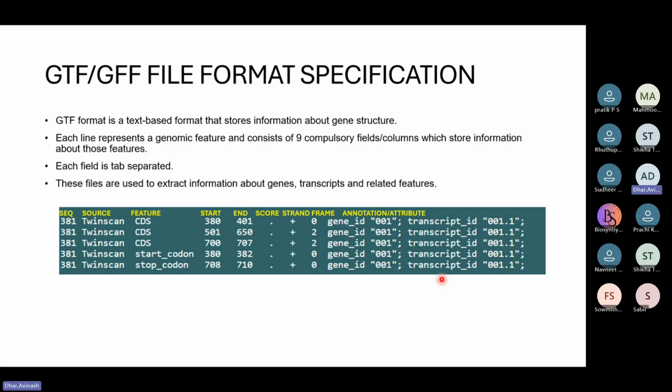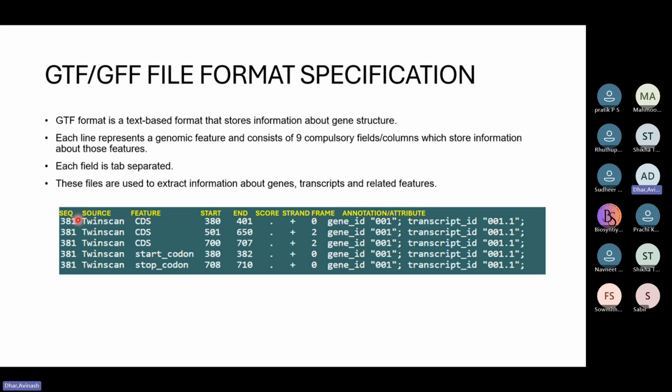Now let's see what each of these fields or columns stand for. The seq column that you see here represents the chromosome. For example, this is say 381, or if it was a human genome, it would be say chromosome 9, chromosome 10.